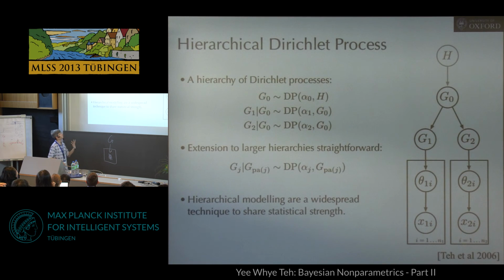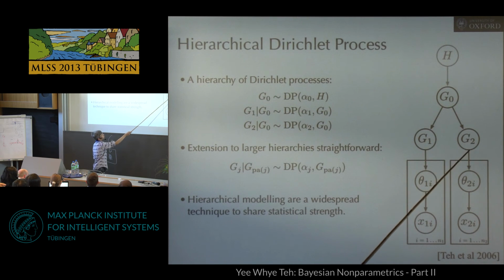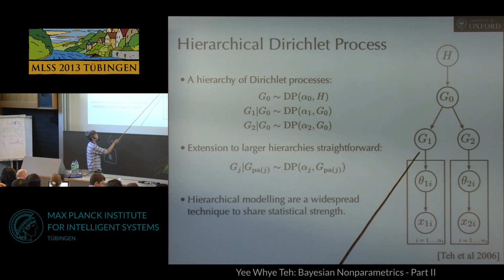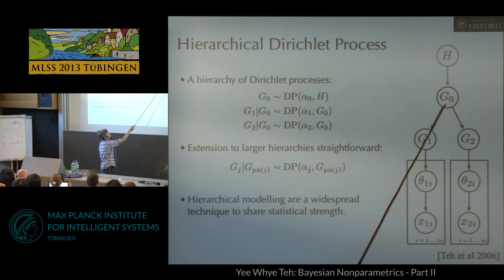Okay, so this leads to what's called a hierarchical Dirichlet process, where we have a common base distribution G0, which is drawn from a Dirichlet process. Okay, it's up here. And then conditioned on G0, G1 and G2 are the two Dirichlet processes that describe the mixture over topics for documents 1 and 2. Both of them are going to be independently drawn Dirichlet processes, but with the same base distribution given by G0.